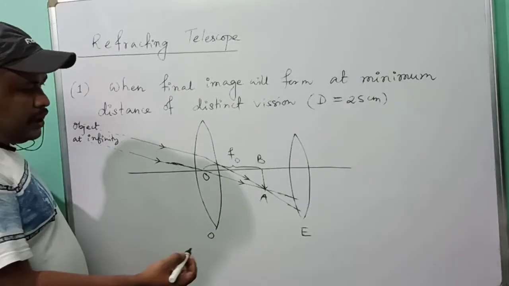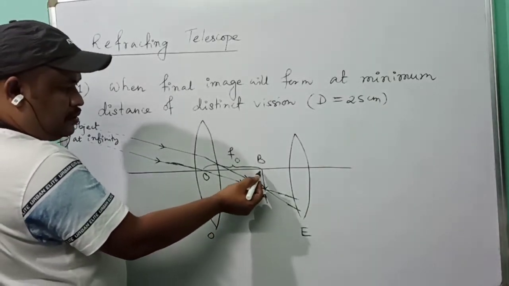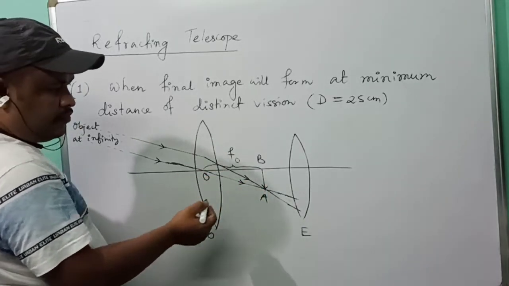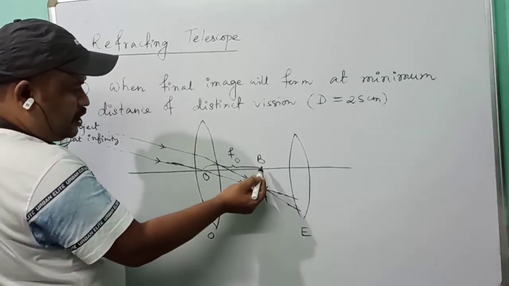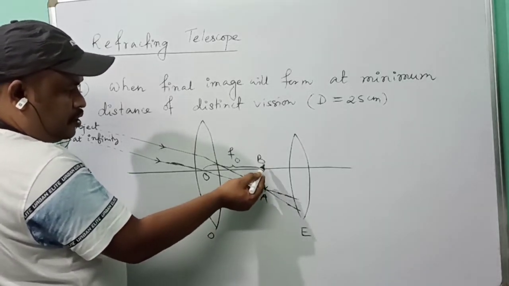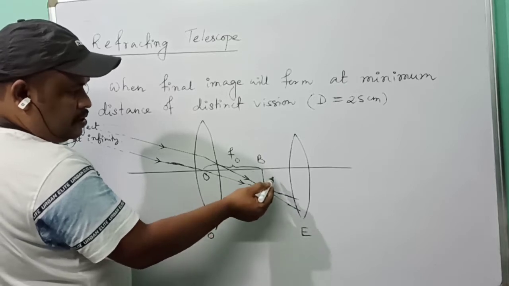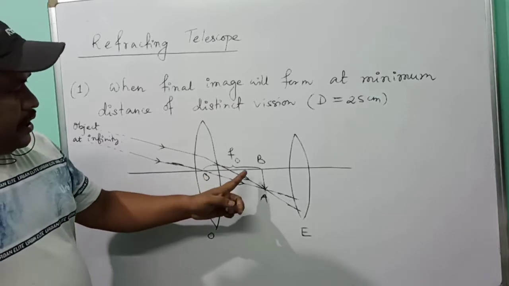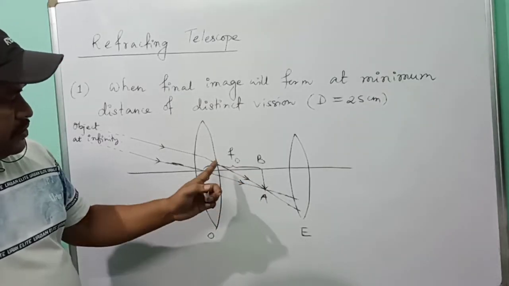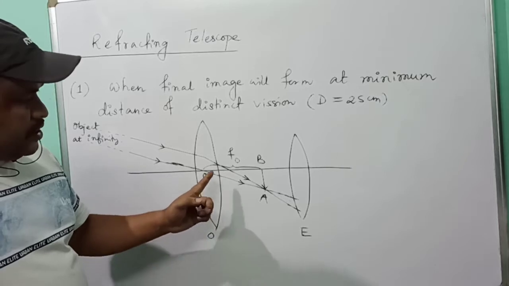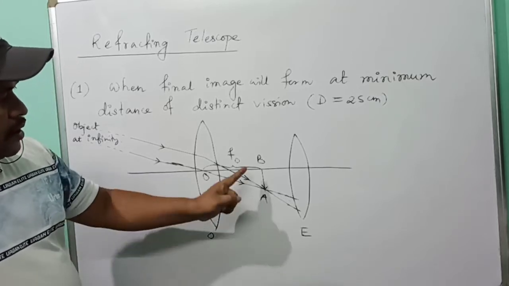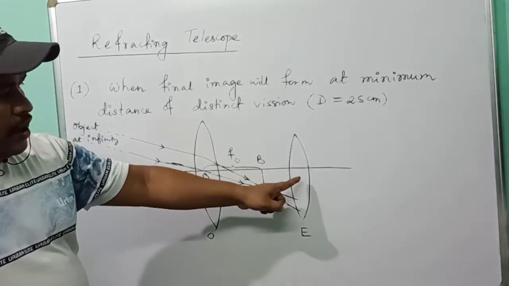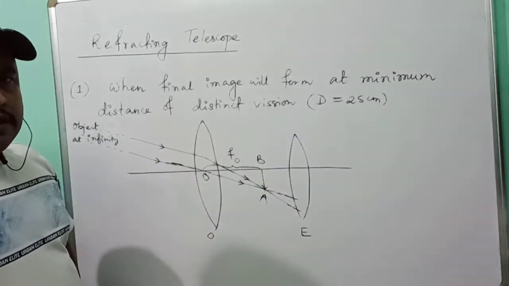Accordingly, we get an erect, magnified and virtual image for this AB. Here this AB is the image formed by the objective lens, and now it behaves like an object for the eyepiece lens.